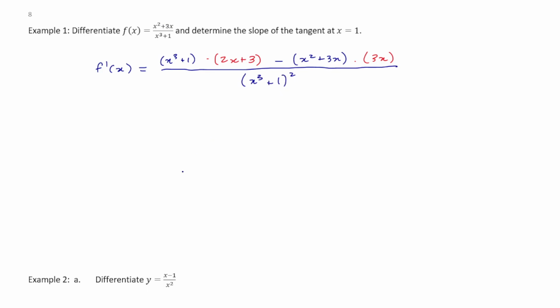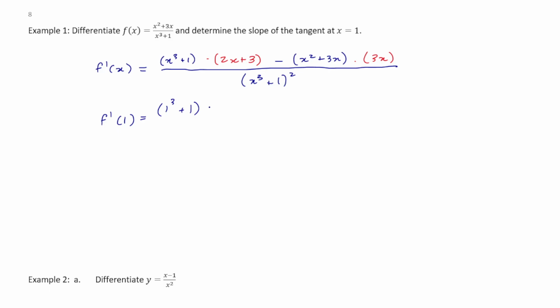squared. At this point, I don't need to really clean things up that much because I'm given a value at x is equal to 1, right? So now I can just say, all right, well, f prime at 1, so wherever I see an x, I'm going to replace that with a 1.